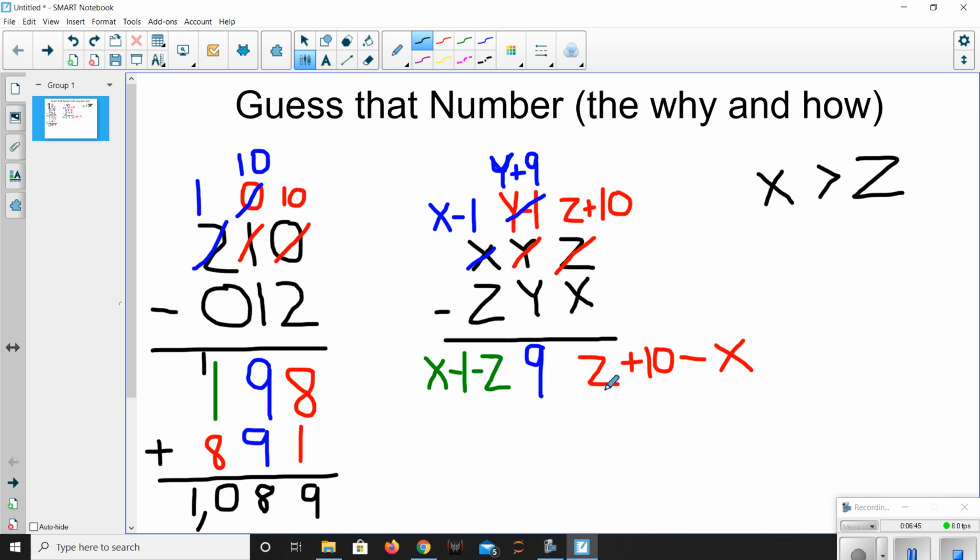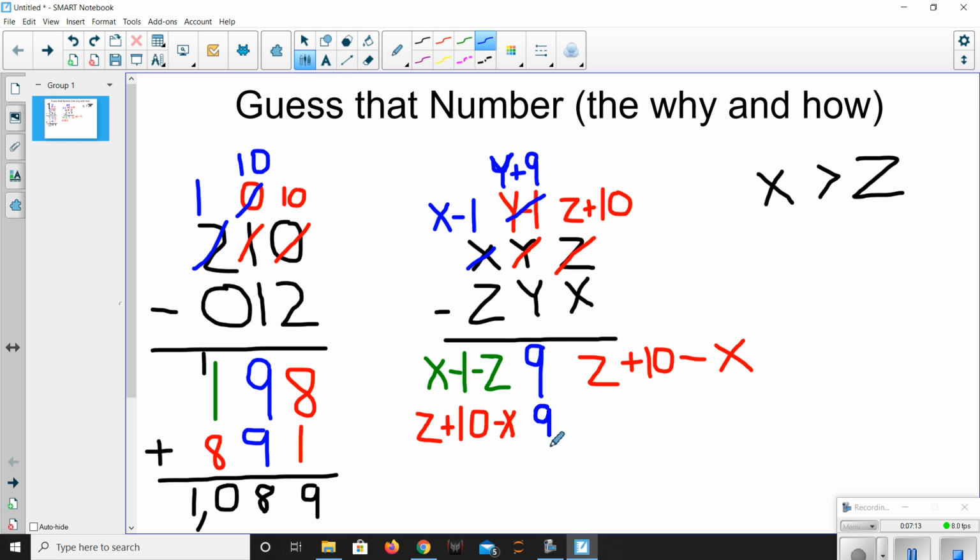Now let's see what happens when we do that over with our representation with the letters. So if I go and reverse this, we have z plus 10 minus x. And then I have, well, when we reverse, 9 is 9.